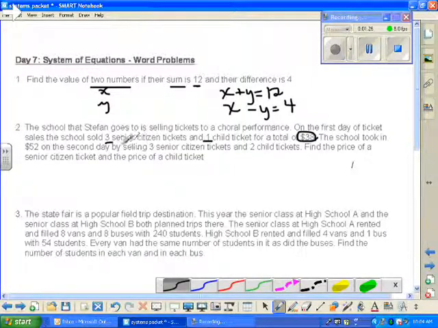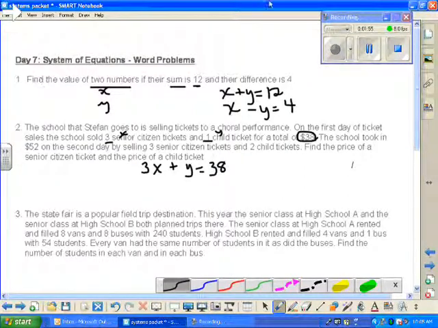If it was 3 senior tickets, we want to call the seniors x, and the 1 child ticket, we want to call the child y. Let's set up that first system. So it will be 3x plus y. And what's the total? $38.